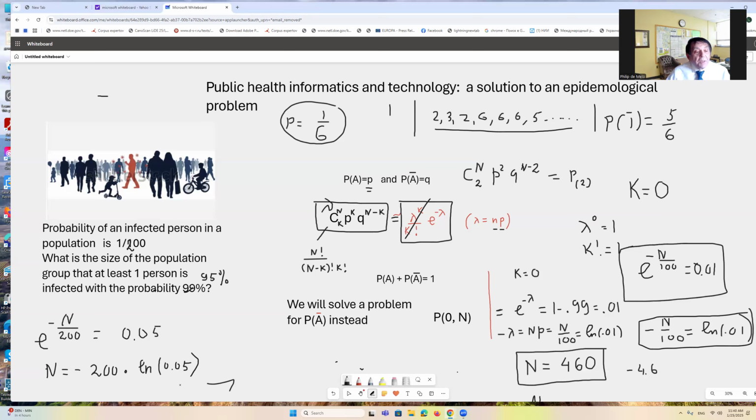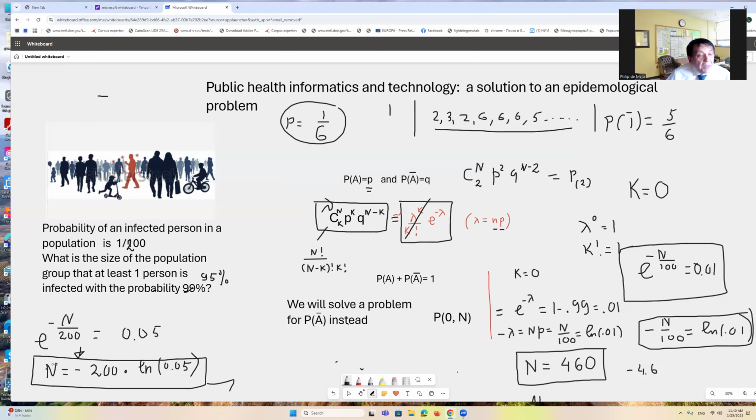So you just look at the table to find the logarithm, and you can see right away with this formula how you can accurately calculate the number of people in your group that you have to choose to have at least one person who is sick. So instead of doing lots of calculations, as we usually do in digital epidemiology, for these problems we can write the answer right away.